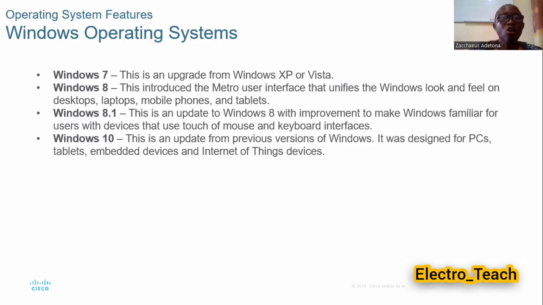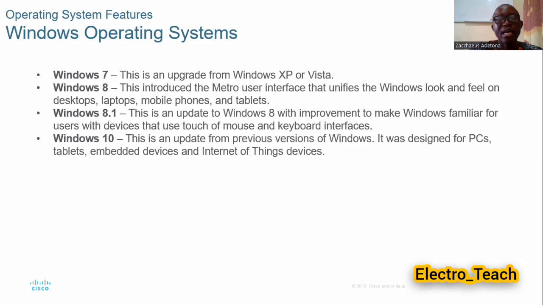Windows 8.1 is an update to Windows 8, which brought certain improvements to make Windows 8 familiar for users with devices that use touch, mouse, and keyboard interfaces. That was Windows 8.1. It is still Windows 8, but a step ahead. It is a little modification that makes the system look familiar for people that use mouse and pointing devices.